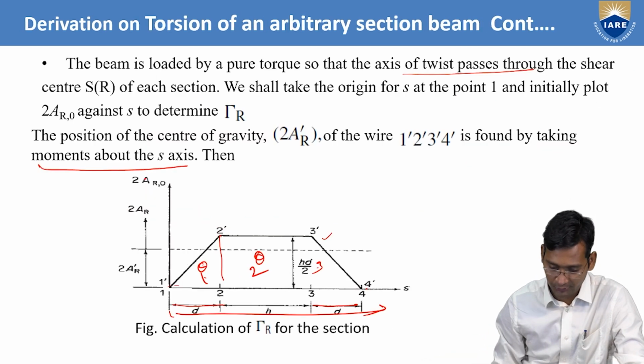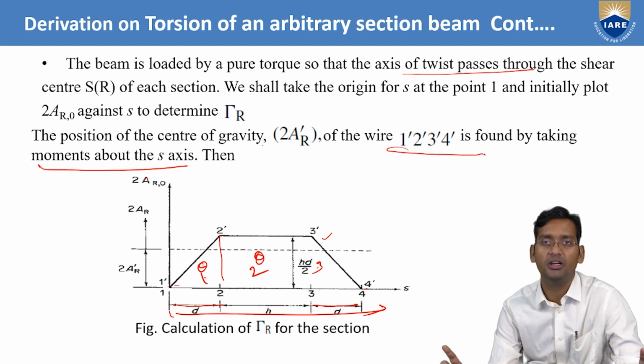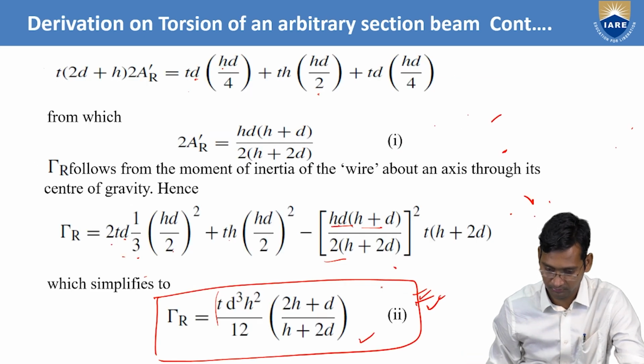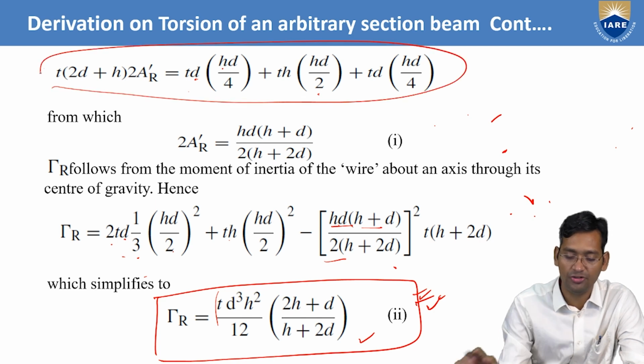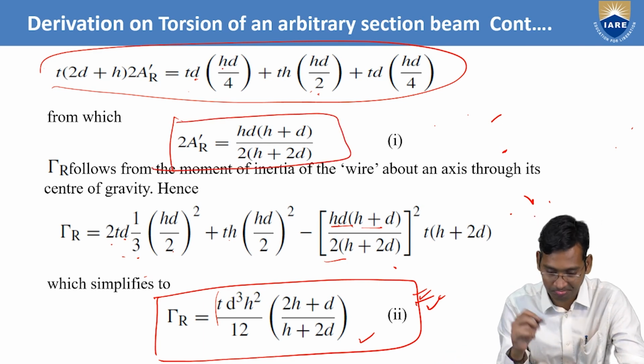Next, to find this one, like 1 dash, 2 dash, 3 dash, 4, take the moment along the s axis. After taking the moment we get this equation, and after expanding and simplifying we got 2a r dash equals this one.